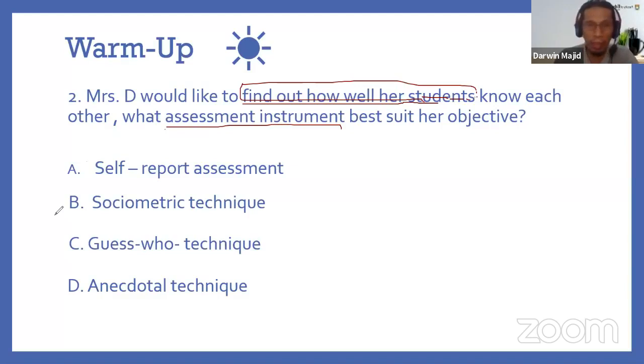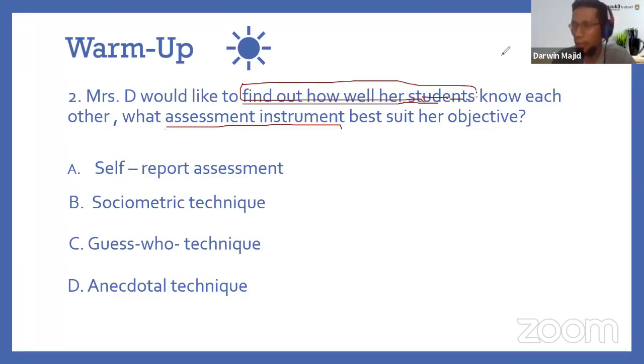So ano po ang una nating tatanggalin at ano ang ating iiwanan? Ma'am Francesca? Ano po tinanggal nila? I-eliminate po natin.